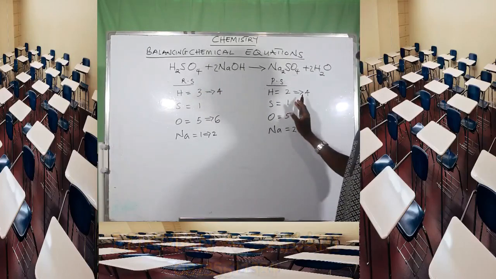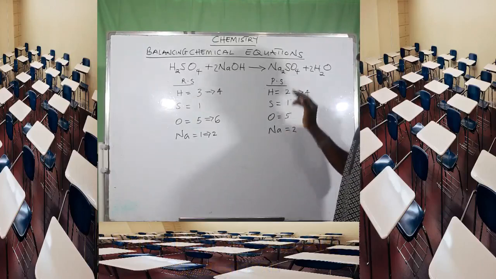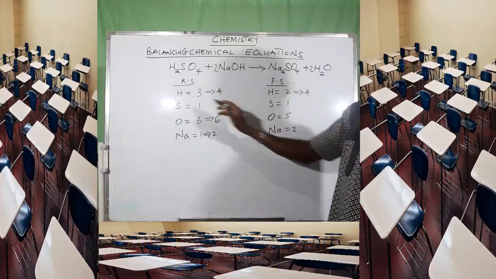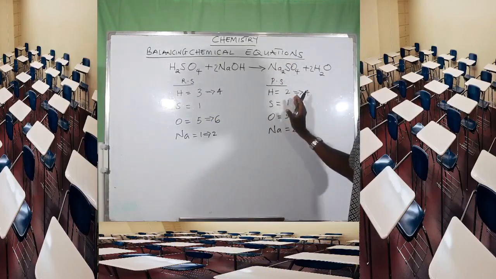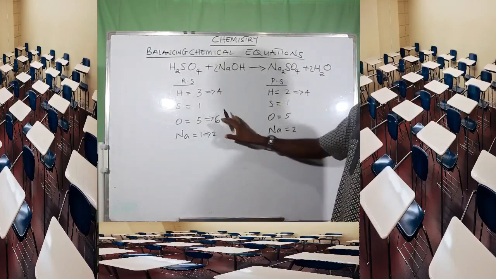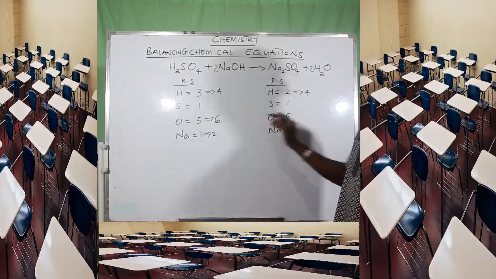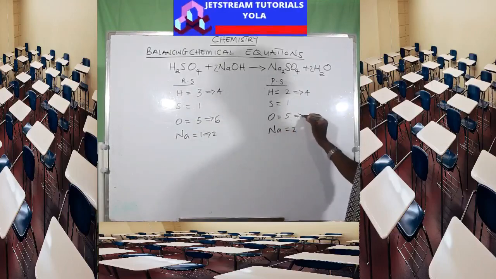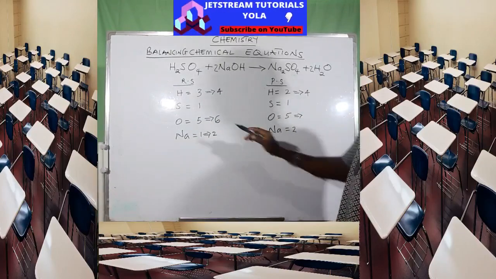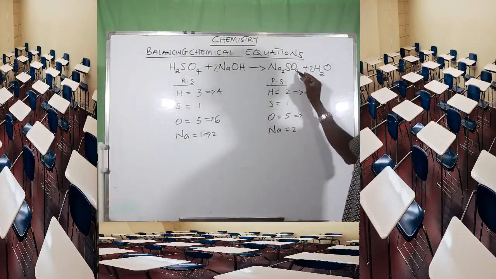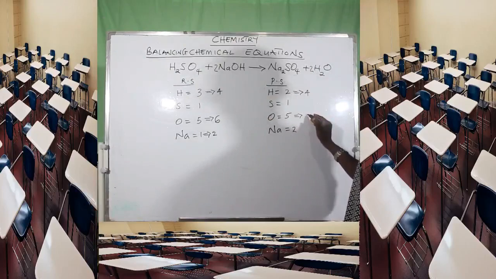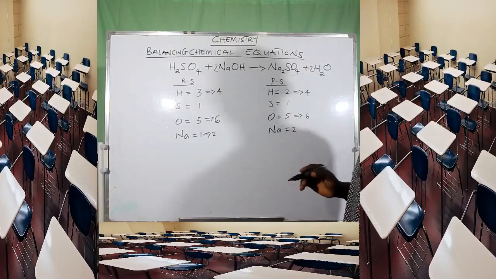Now sulfur is not yet affected because the number is intact. We have 1 atom of sulfur here, and 1 atom of sulfur here. Then for oxygen, we have 6 here: 4 plus 2 makes 6.